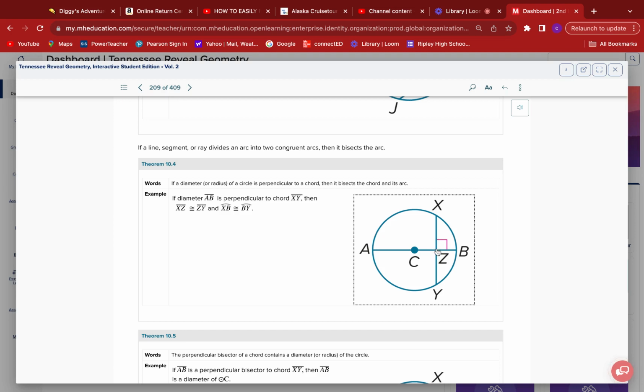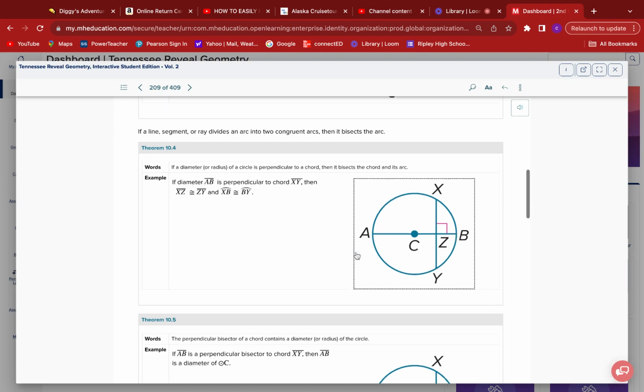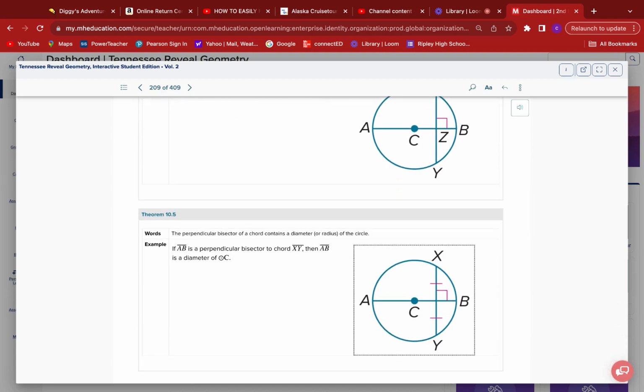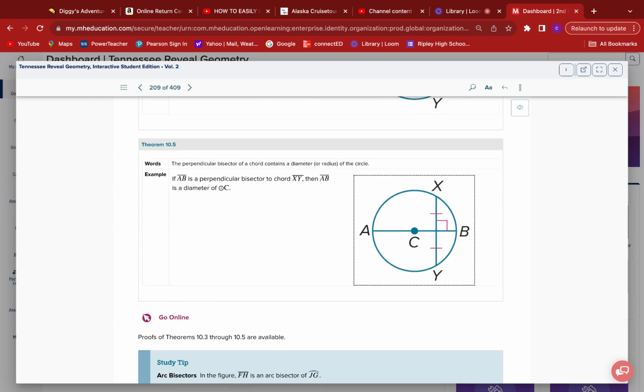So I'm saying ZX and ZY are going to be equal to each other, and the arc XB is going to be congruent to the arc YB. So when you see a little perpendicular, a couple things happen. The chord has been bisected, and the arc XY has been bisected by B. Same thing as a diameter, same thing as a radius.